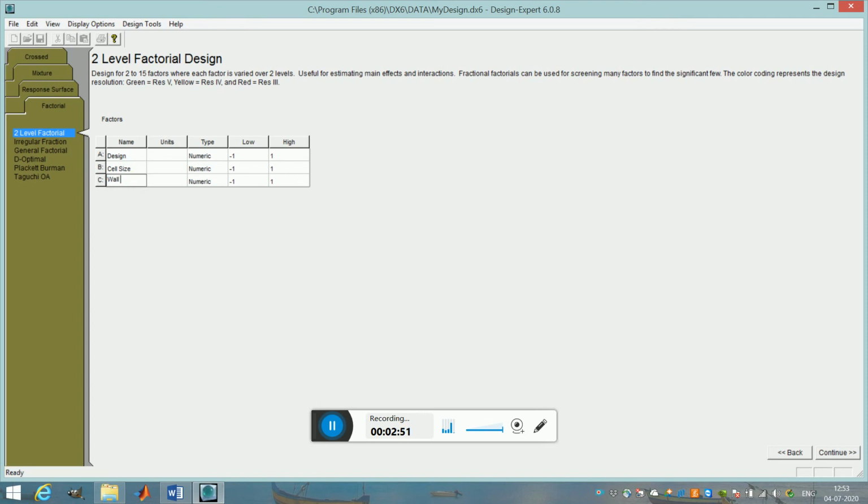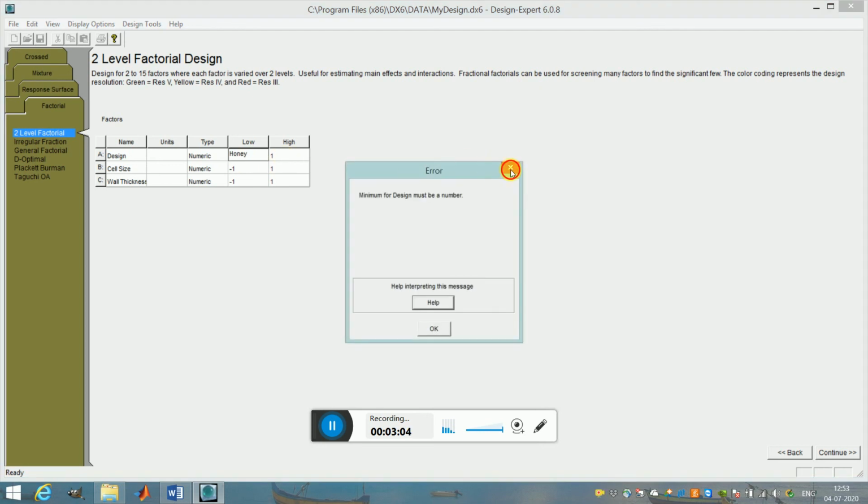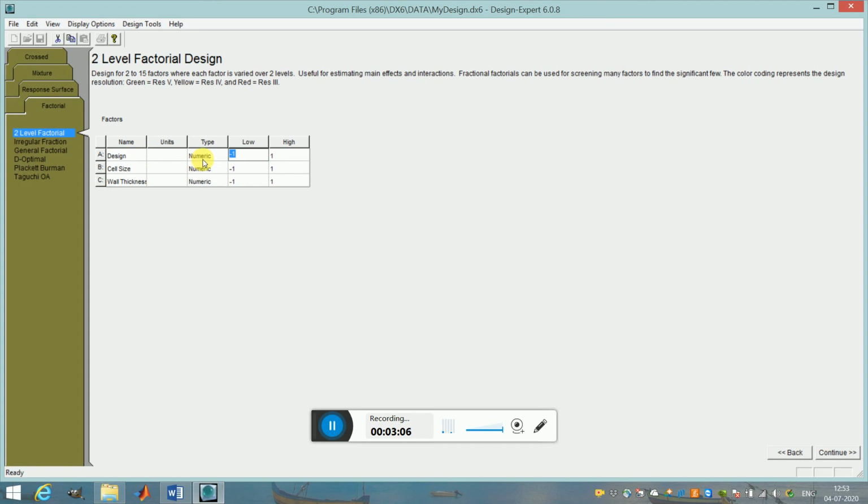The designs could be two designs, say honey, and this is one design, and the second design is bamboo. The designs are not numeric, so these are basically categorical. So I will select categorical, and here I can mention that the first design is honey, and the second design is bamboo.